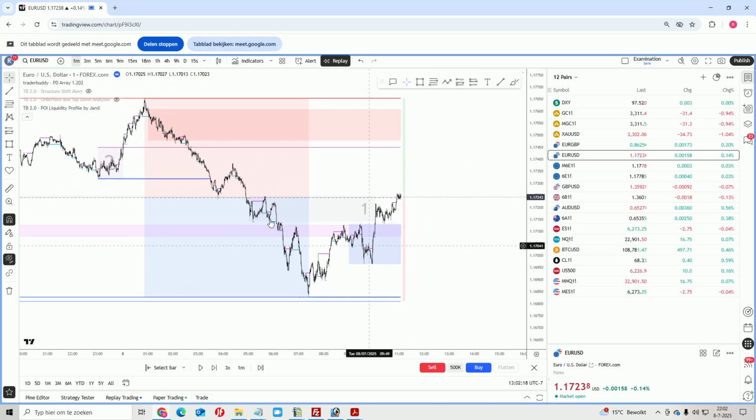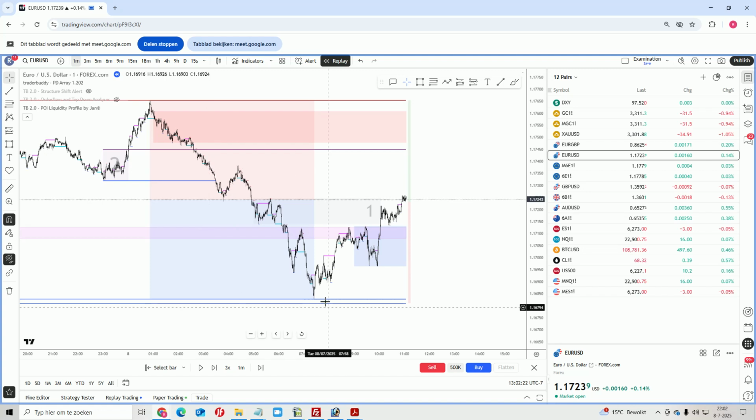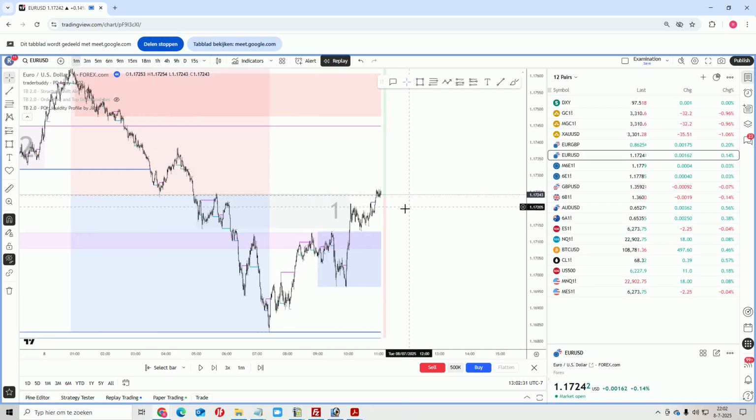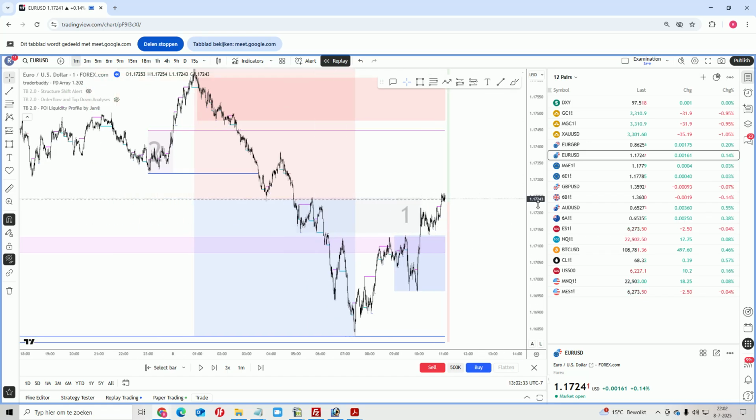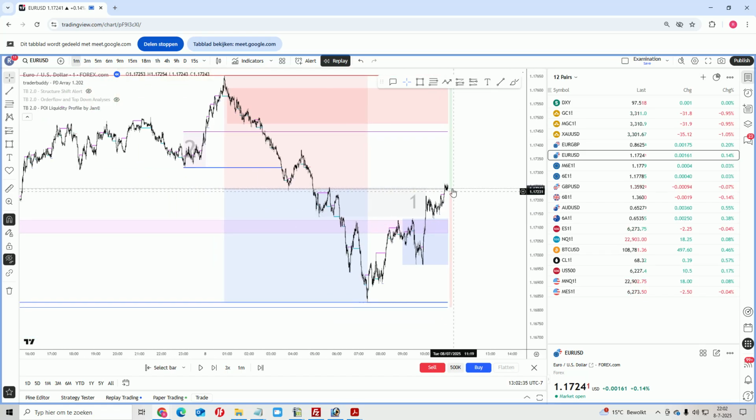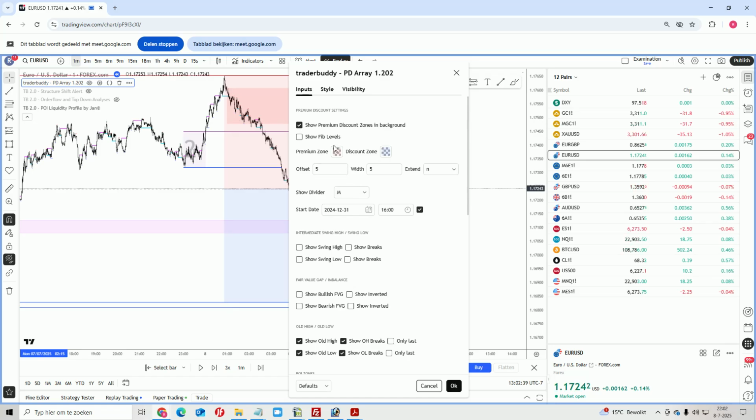So you can paint the premium discount from the price range you're in. Okay, well that's cool, but you can see the 50% line, which we are at the moment here, by yourself. So that's not very hard. What else do we have?